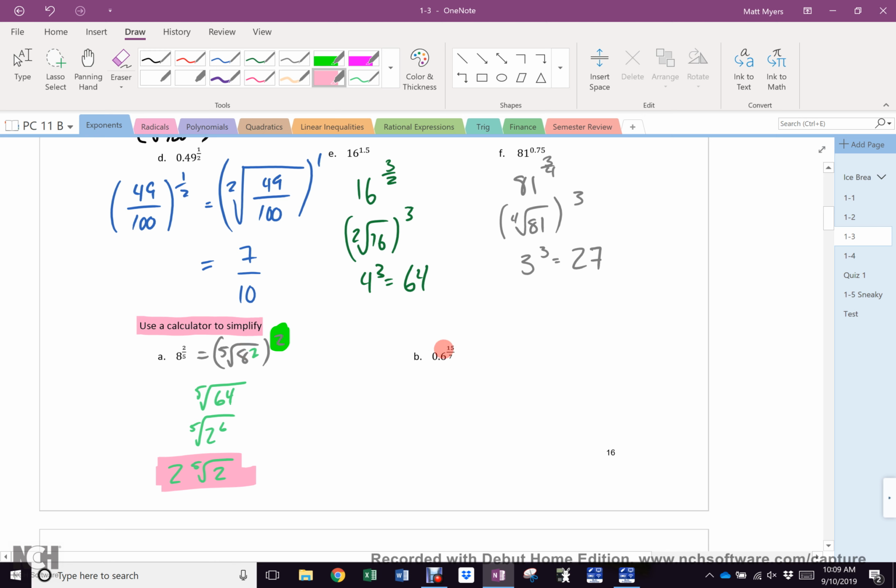Now this one doesn't get any prettier. Or does it? That would be the 7th root of 0.6 all to the 15th. That bugs us, doesn't it? But what if that 15 were under there? Now can I do it? How many groups of 0.6 can I get out of there? 2 of them, right?